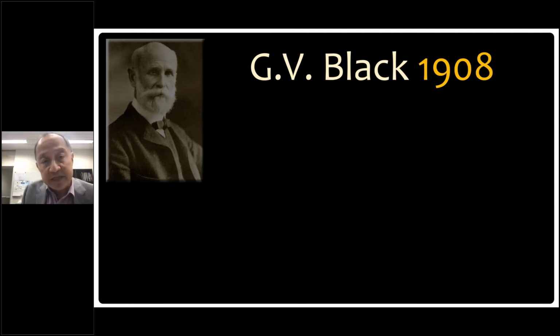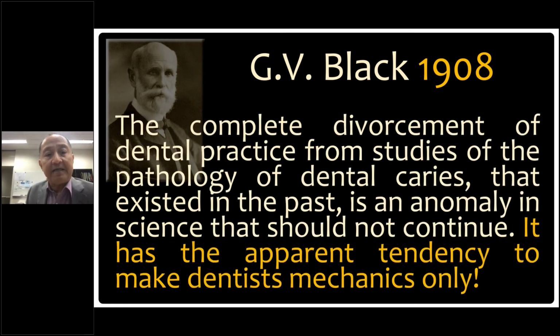As G.V. Black said in 1908, in our profession there seemed to be a divorcement of practice from the pathology of dental caries, from the science behind it. So when we're not careful as clinicians, we might end up doing things in a very, very mechanical way. And I'll give you some illustration of that.